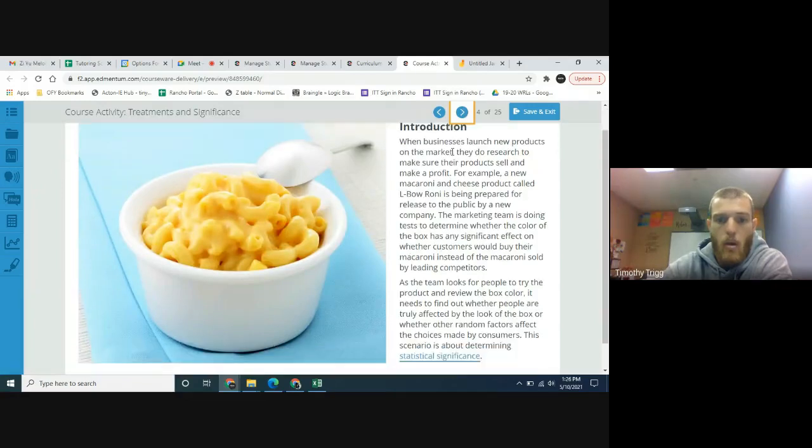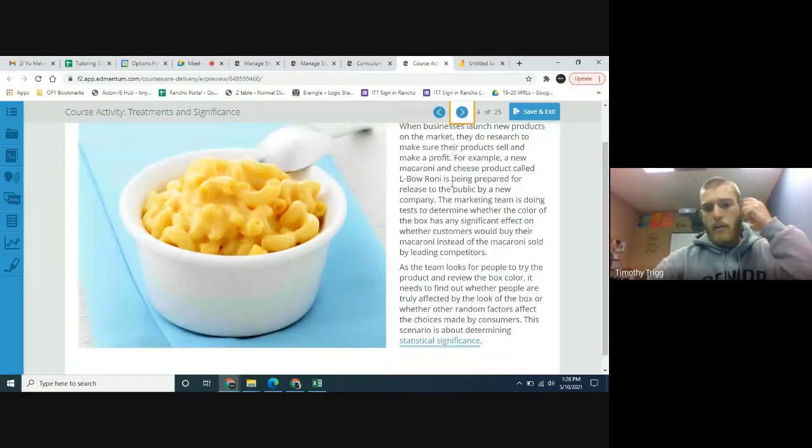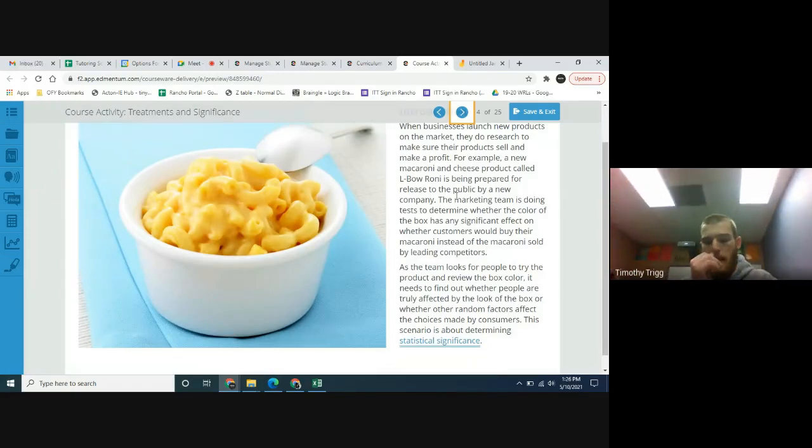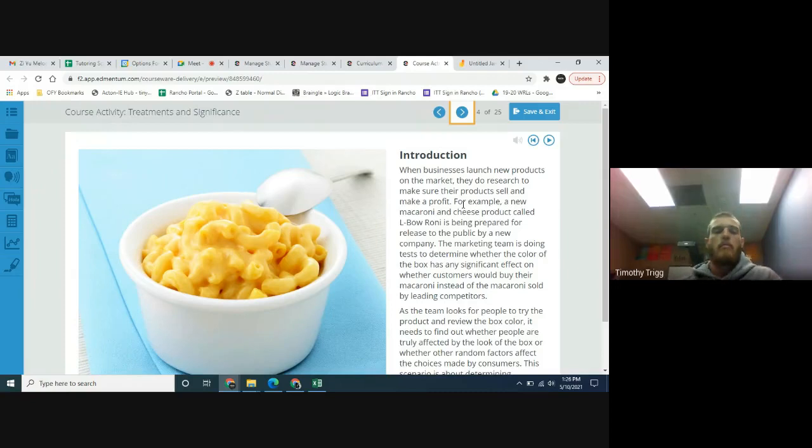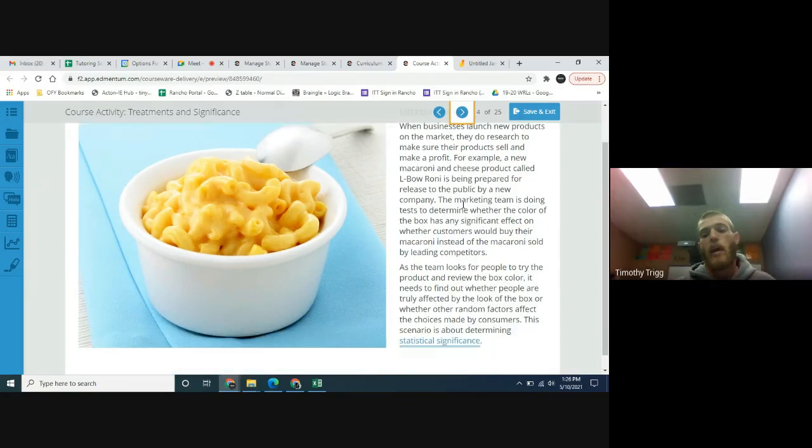Okay. So one of the things we're going to talk about here is statistical significance. Now, what does that mean? Well, if you were to grab two random samples from a population, so you grab a sample and another sample from a population, those samples will have different means and different standard deviations, even though they came from the same population.